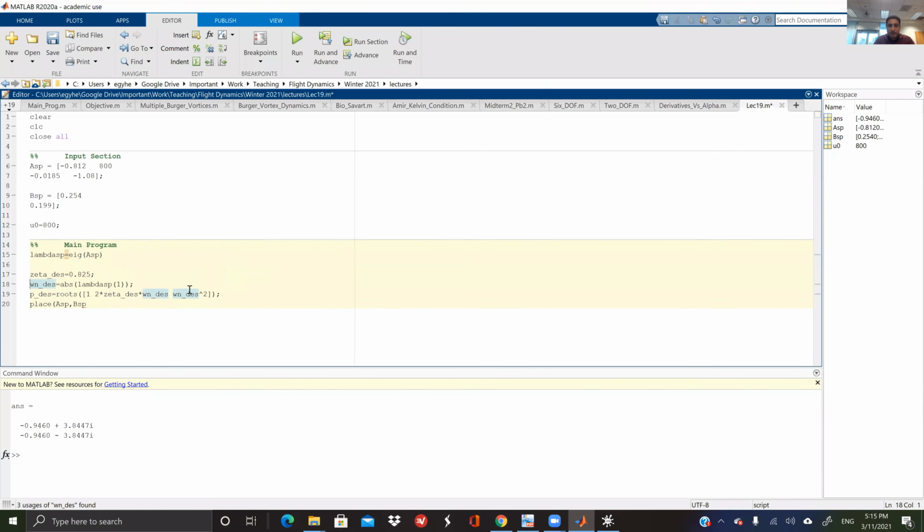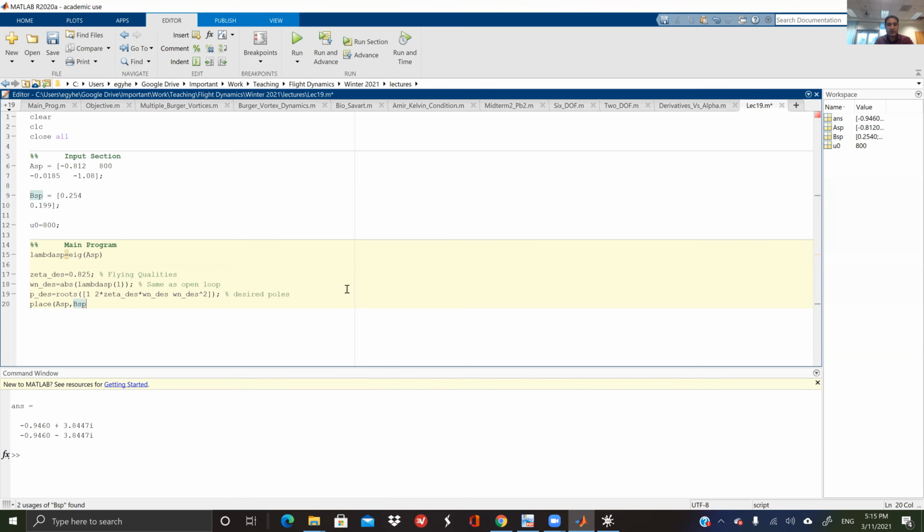This is coming from the flying qualities. And this is the same as before. Now I got the desired poles.